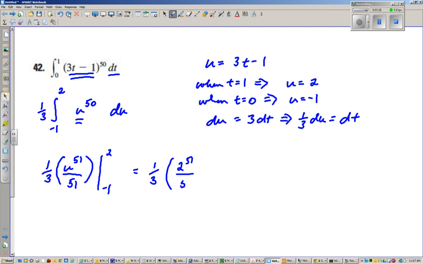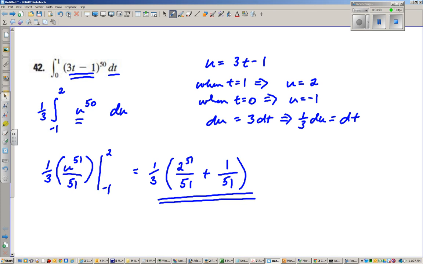Just leave it. And then won't I subtract from that a negative, and subtracting a negative will result in adding. Minus a minus is a plus. And won't it become plus 1 over 51 for my lower limit? And there is your answer.